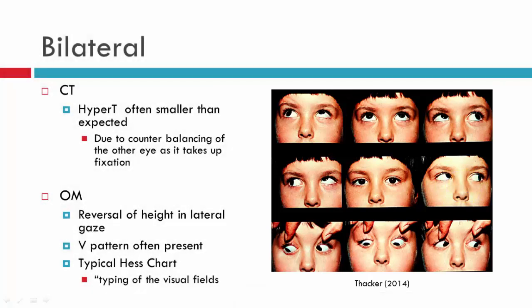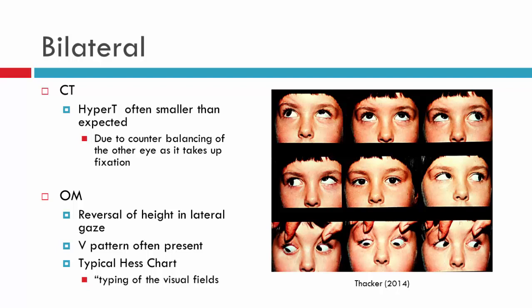So again, here is an exception to the rule where a reversal of height in this instance is an indicator of bilateral fourth, not of a mechanical restriction. The other thing noted in these patients is generally you'll notice a V pattern with an esotropia in down gaze most commonly, and the V pattern can be very significant in the bilateral patient.